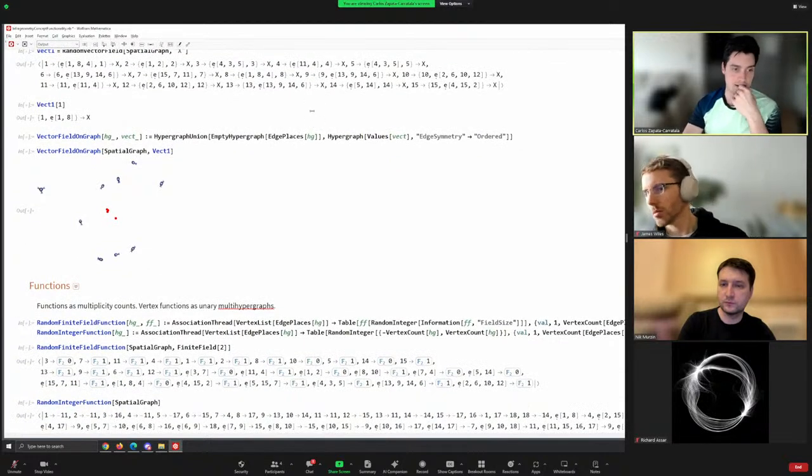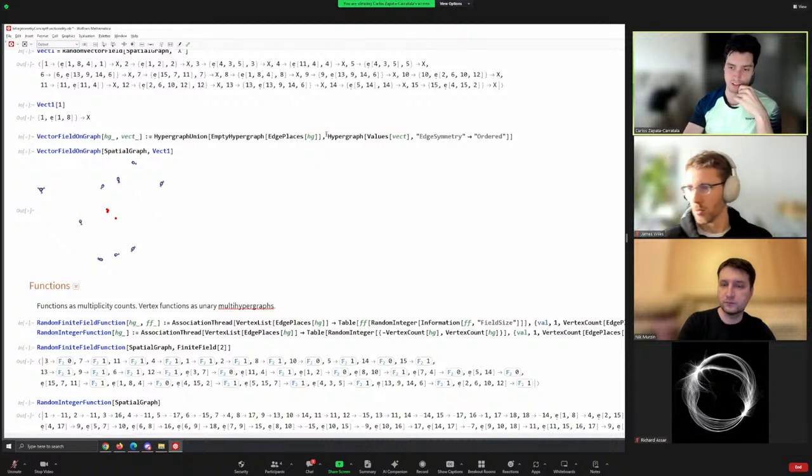But the big question last week was, how do we think of functions? And Nick had a very nice suggestion, which I've now condensed as saying functions as multiplicity counts, effectively, which I think is a very natural way to encode them, because indeed multiplicity counts are natural measures of hypergraphs.